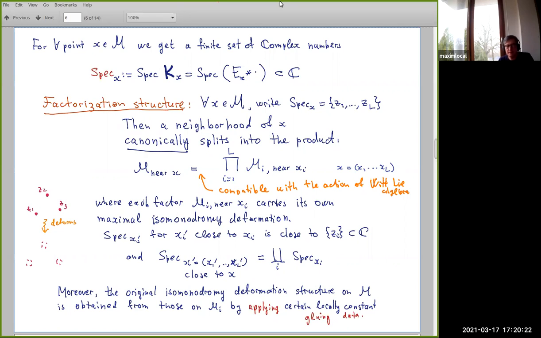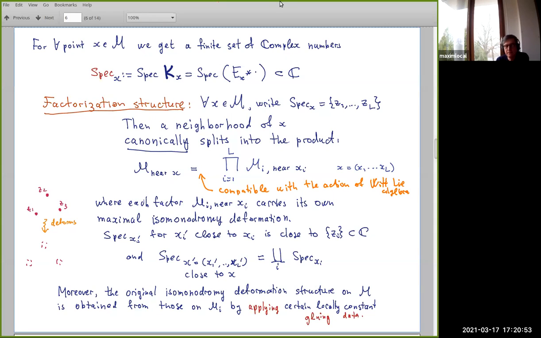And what I claim is my manifold M has a remarkable factorization structure. Pick any point and write the spectrum as a collection of distinct numbers, Z1 up to ZL. Then I claim that a neighborhood of this point canonically splits into a product. So M near X is a product of some smaller supermanifolds Mi of strictly positive dimension near Xi.